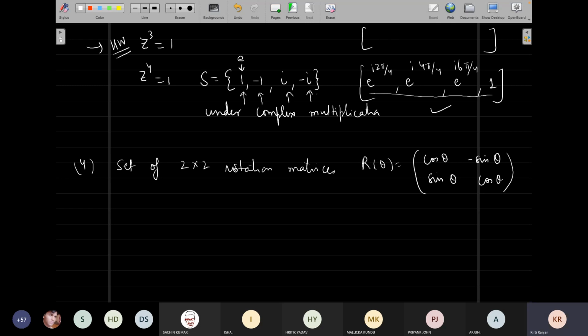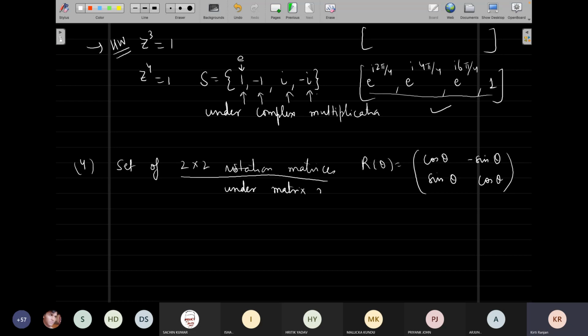So take the set of 2 by 2 rotation matrices, R(theta), with entries cos theta, sin theta, minus sin theta, cos theta, under matrix multiplication.